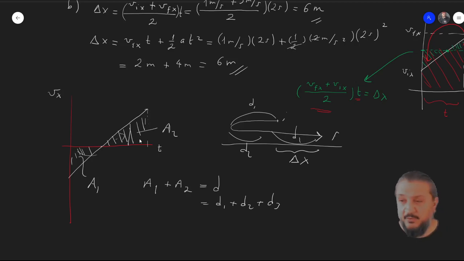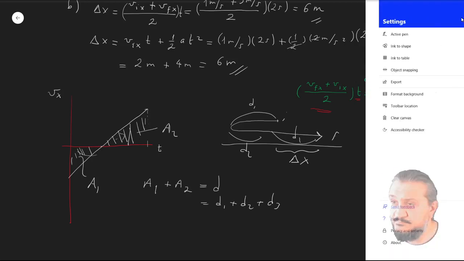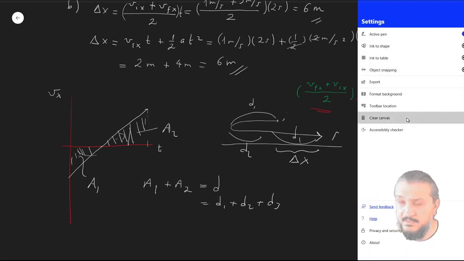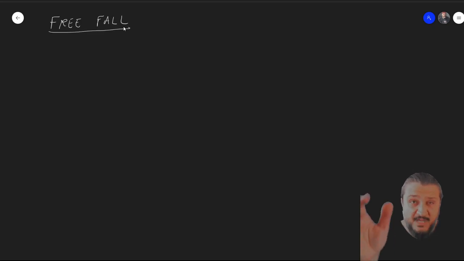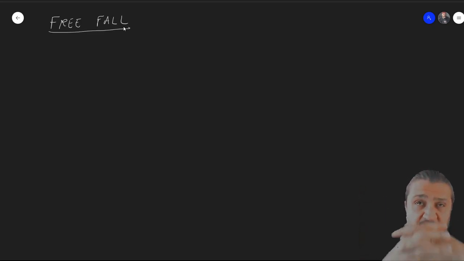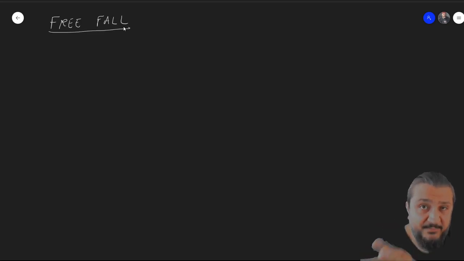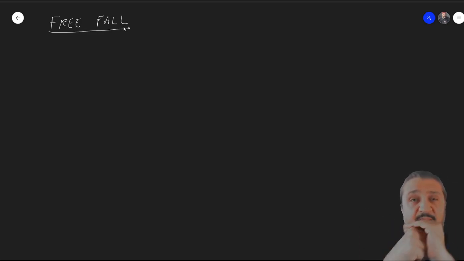Let's talk about free fall. Now the free fall is actually a term that is used to describe the motion under the constant acceleration due to gravity. Okay, gravity is the key word here.